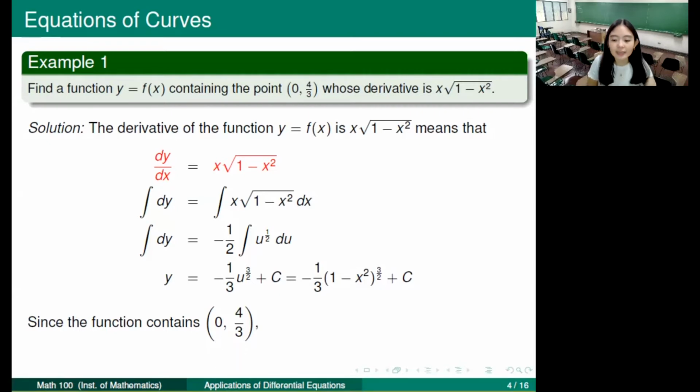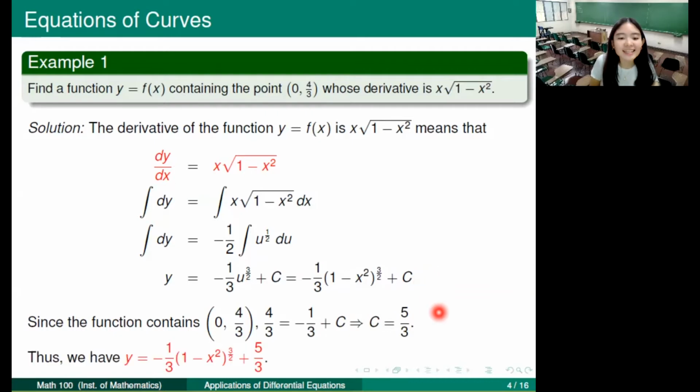What we get is this one, at kayang ma-solve na therefore si c, makukuha ang particular value ni c. Pag nakuha na, this is what we get, and we substitute it back to our complete solution so that what we get is a particular solution already, and this is the precise function that we want here.